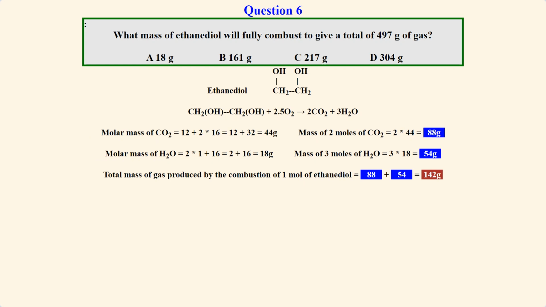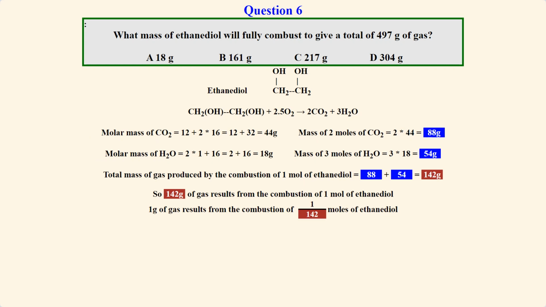But we get 497 grams of gas. So we've got to work out how much larger 497 grams is than the 142 grams that we got here. To do that, simply divide 142 by 142 to get 1. So 1 gram of gas results from the combustion of 1 divided by 142 moles of ethane diol.